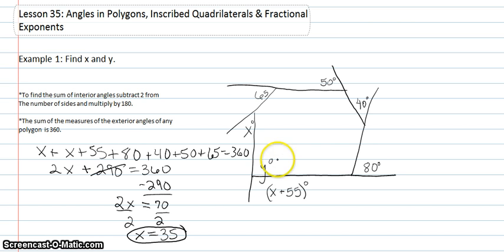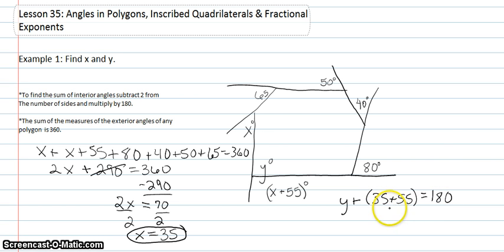Now we also need to find this y. Now since this is on a straight line, the y degree will add with x plus 55 to equal 180. So I have y plus, and x is 35, so we're going to have (35 plus 55) equals 180.